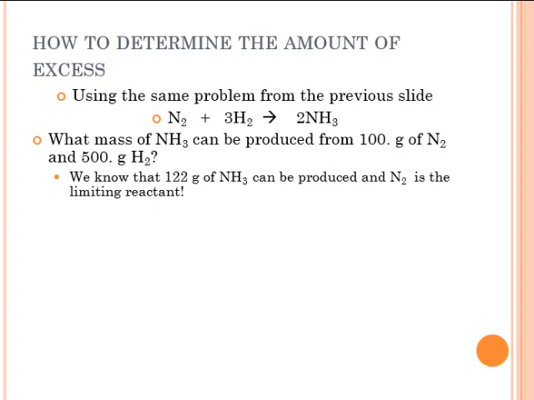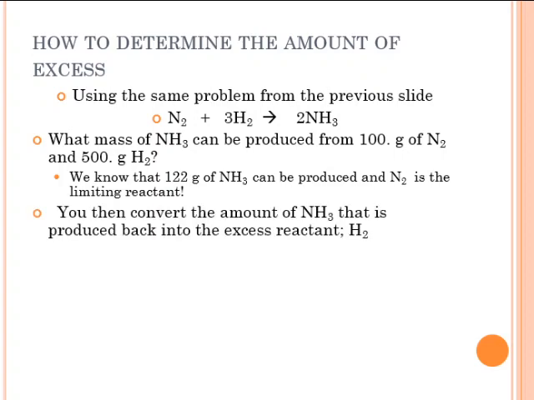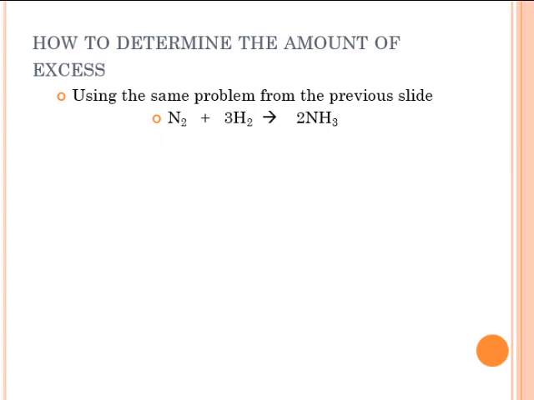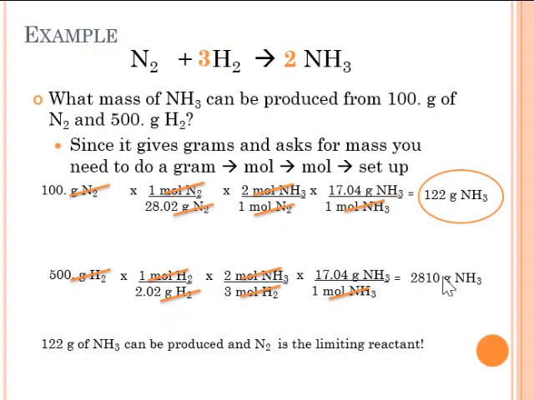So from before, we know that 122 grams of ammonia can be produced, and nitrogen is the limiting reactant, okay? You then convert the amount of ammonia that is produced back into the excess reactant hydrogen. So what the heck does that mean? Well, remember, just like in the pizza, we could only make 3 pizzas. You have to start with what you can make.